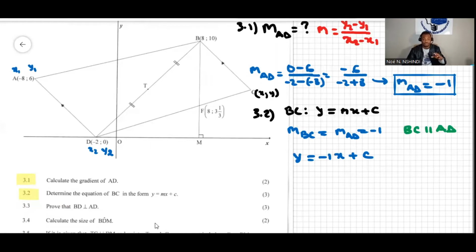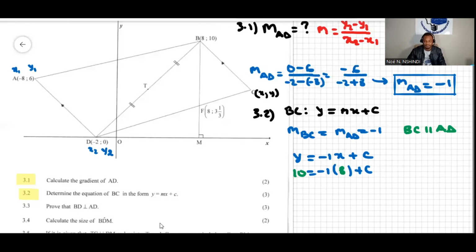Now we can substitute a point on the line BC. The only given point on the line is the point B (8, 10). So we can substitute the coordinates of this point into this equation. I substitute 10 for y, and x is 8. So 10 will be equal to -1 times 8 plus c.